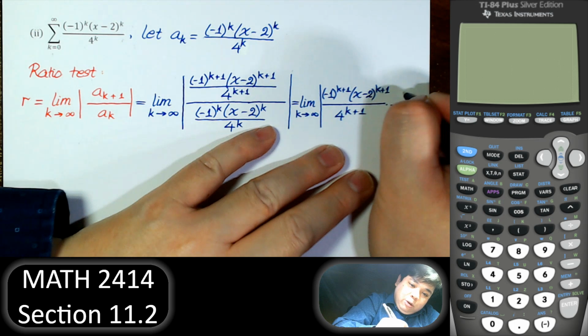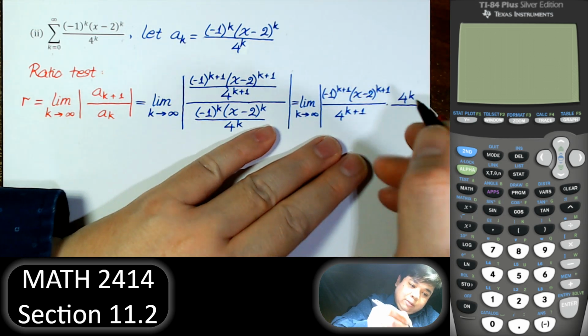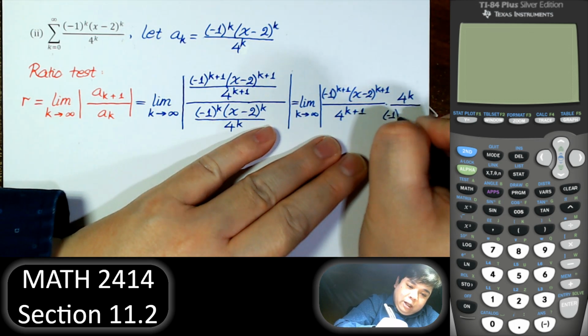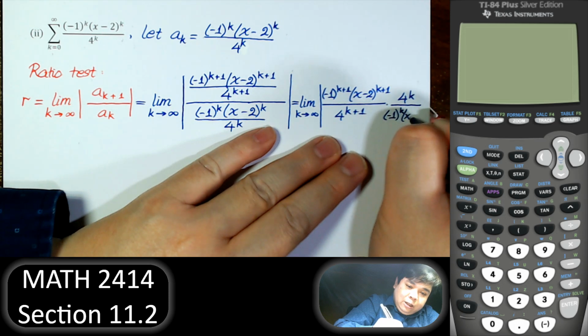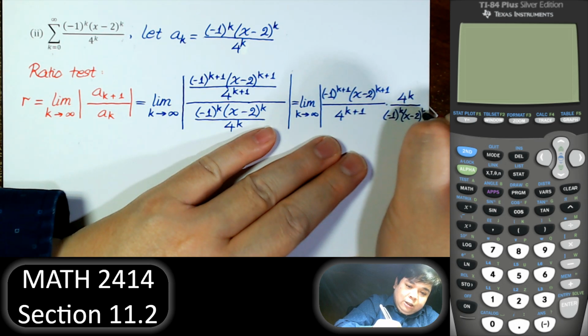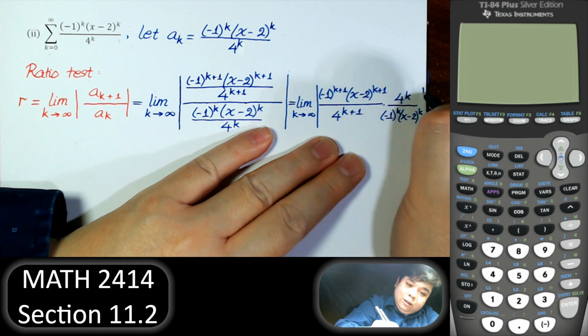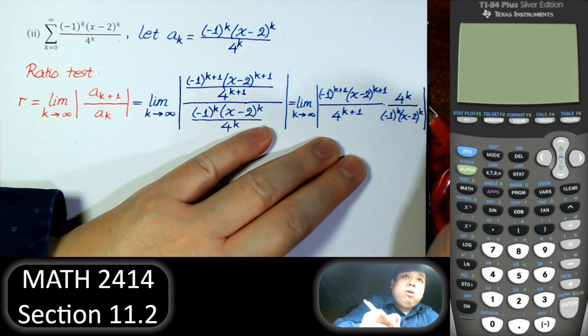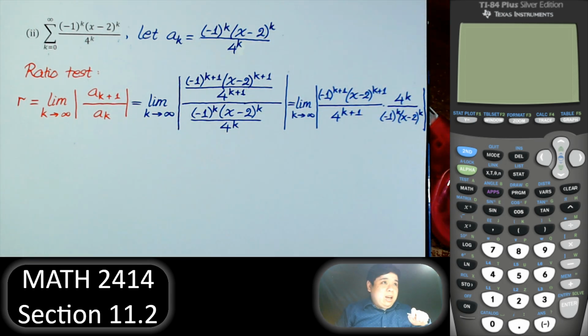Reciprocal: 4 to the k on the top, negative 1 to the k, x minus 2 to the k. Yeah, this is a long problem, so I try to save some space.